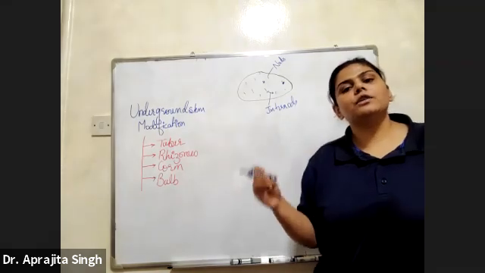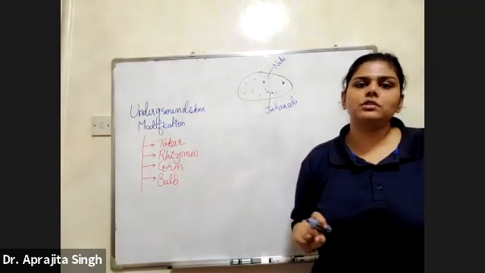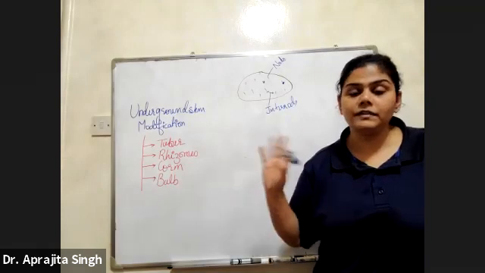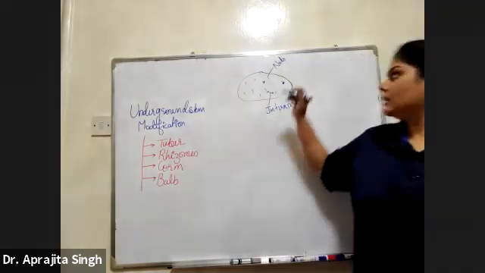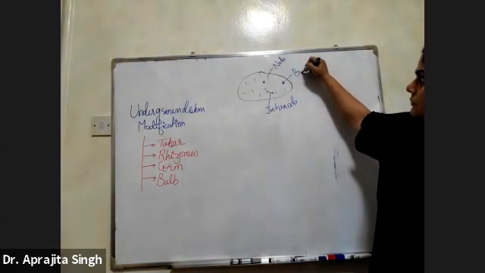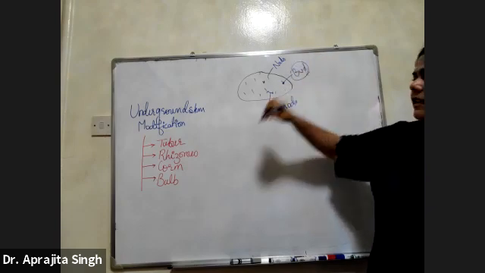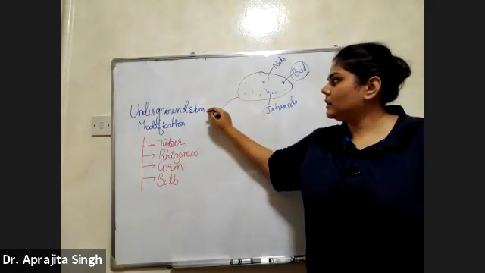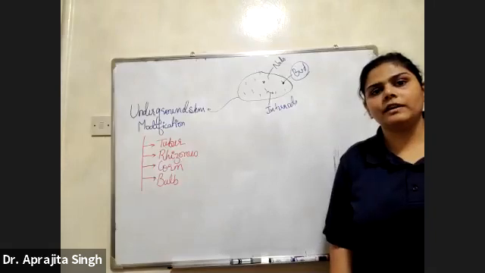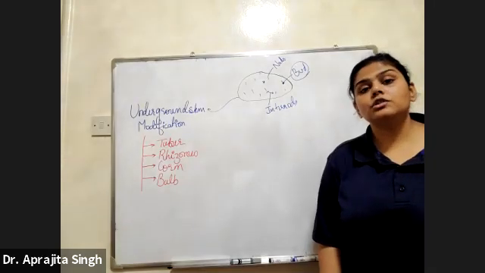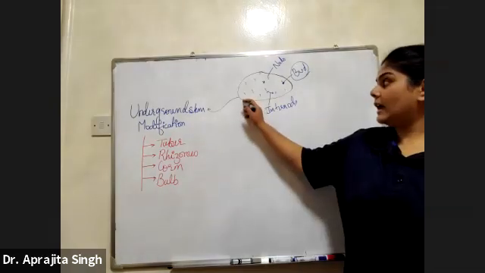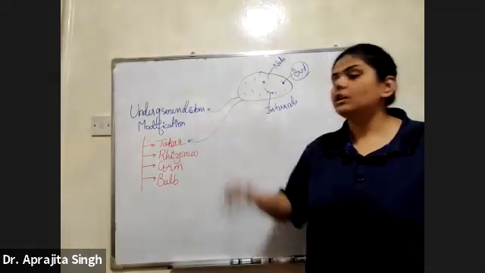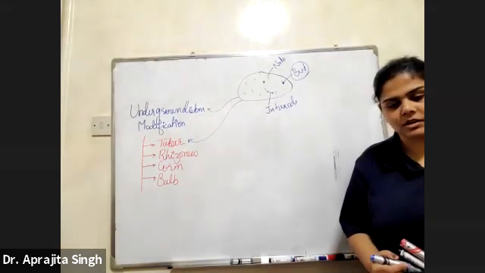So the potato has all the features of a stem, A to Z, the bud. That's why we say this is the underground stem modification used for storage of food, and that falls under the tuber modification.